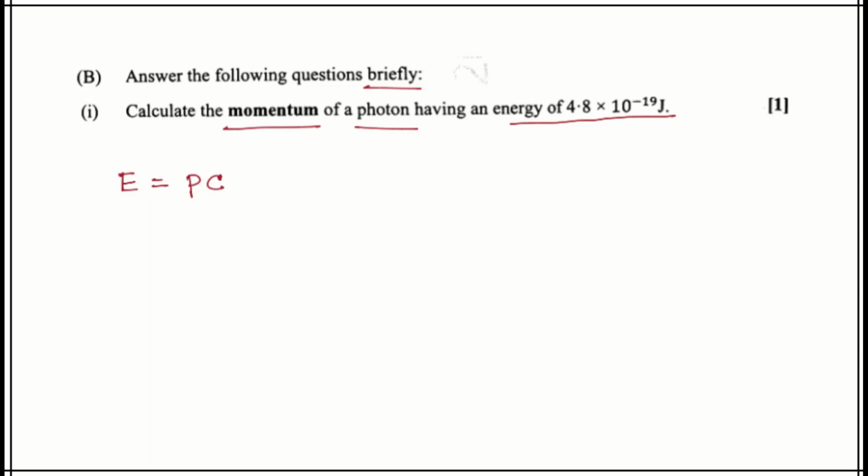So therefore we need the momentum P equals E by c, where E is already provided, 4.8 into 10 to the power minus 19, and the value of c is 3 into 10 to the power 8.